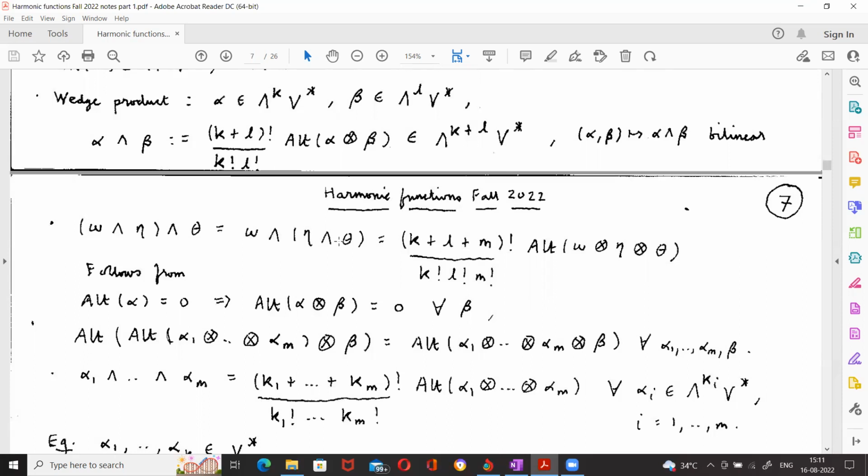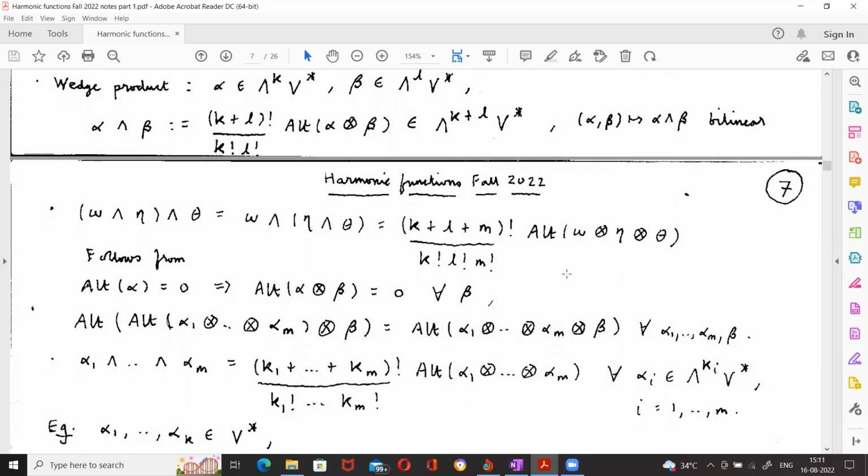And this I can write as k plus L plus n factorial divided by k factorial L factorial n factorial into alt of omega tensor eta tensor theta. I won't prove this, but this is a fact.